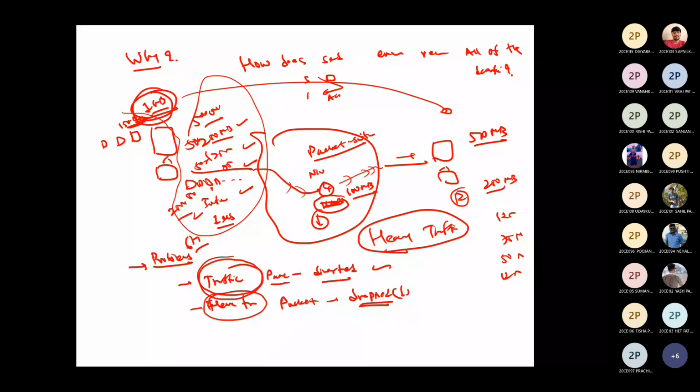Okay, so will you contact the service provider and ask them to increase the RAM size of their routers because my packets are being dropped by your routers?